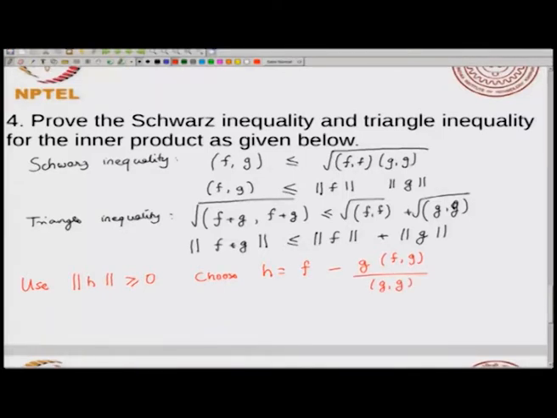So, I just took a particular form of H. And now if you calculate H comma H, you will get this inner product with itself, which is F minus G (F,G) divided by (G,G), comma, F minus G (F,G) by (G,G).